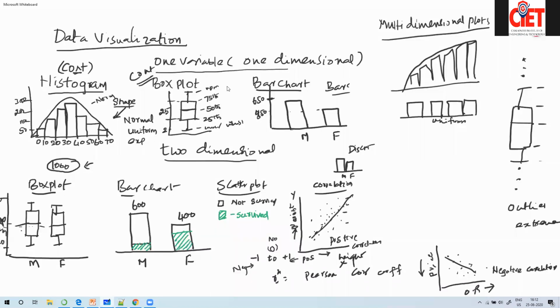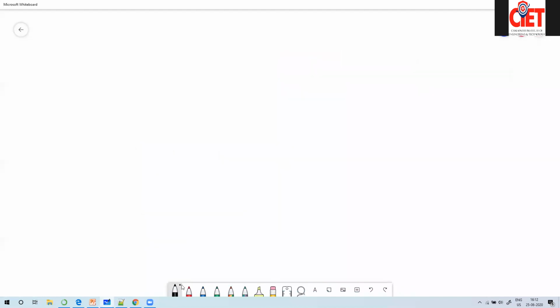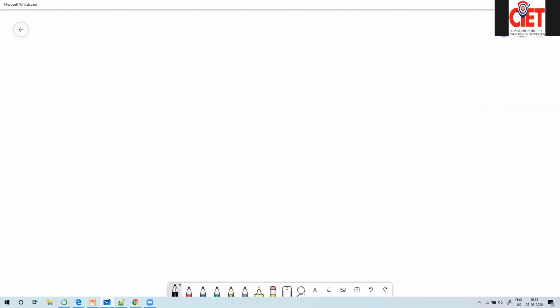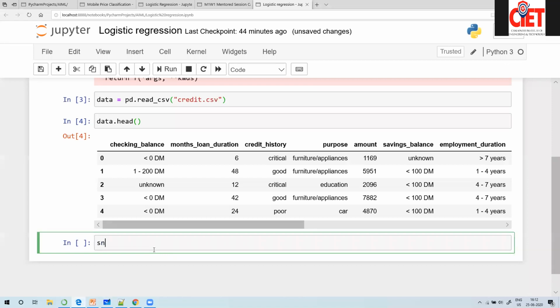Now let's try to see how we can build that plot and what we understand from the plot. sns.boxplot.